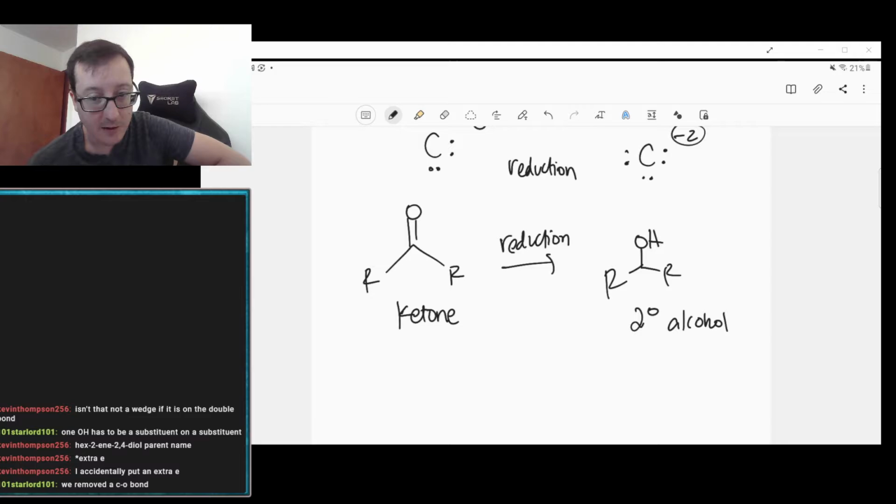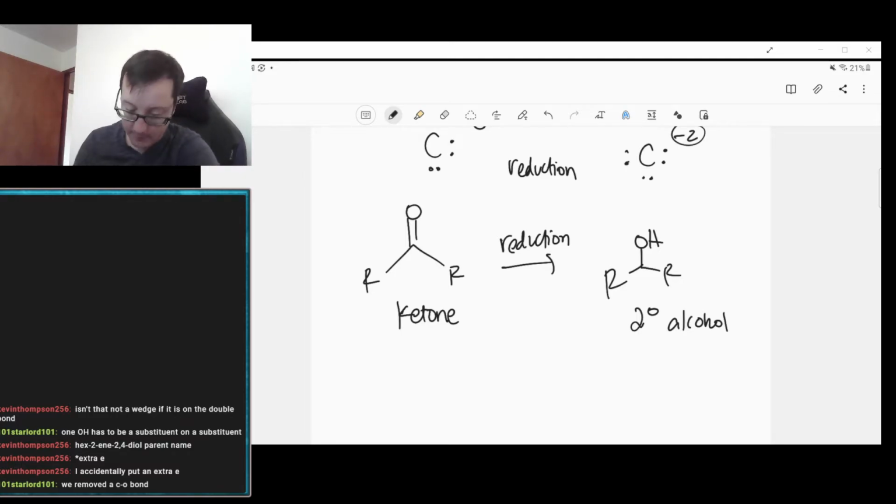You can do it, but it's harder. It's relatively easy to take an alkene and do the reduction on it. It's a little harder to do it with the oxygen. So it's not very common. You could use H2 and Pt. You could, but it's a crappy way of doing it. So let's not use that.